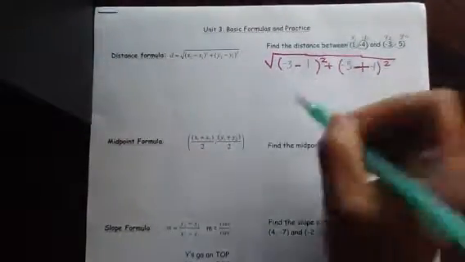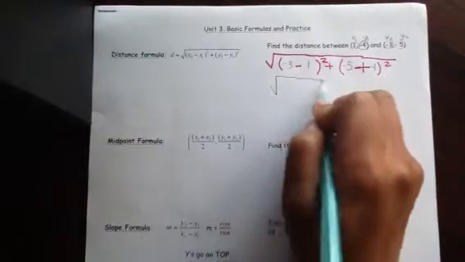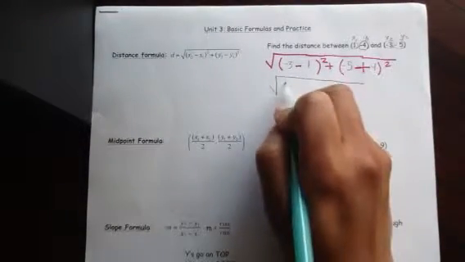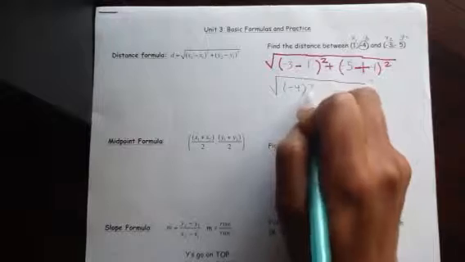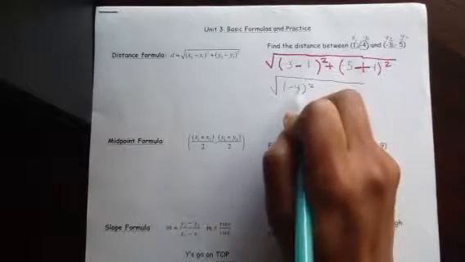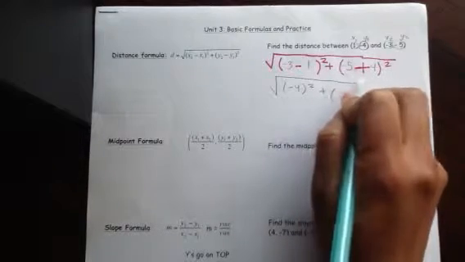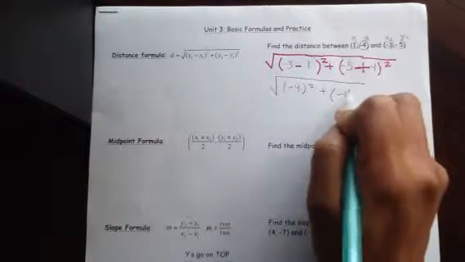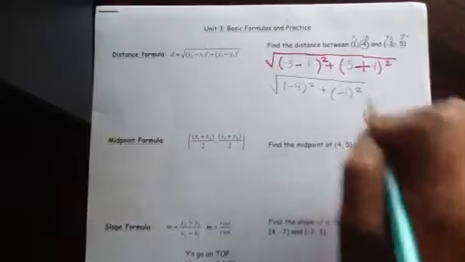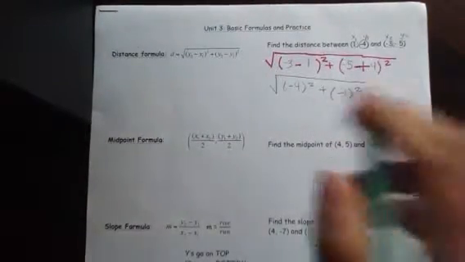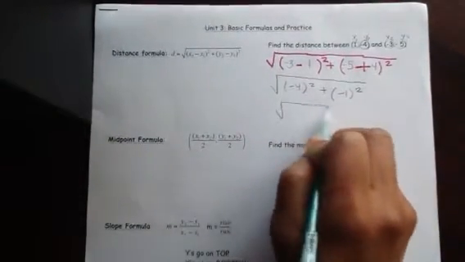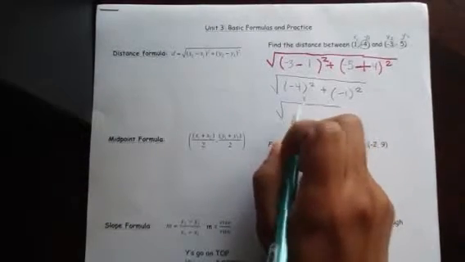Now I can go ahead and simplify what's in my parentheses. Please keep the parentheses the whole time. -3 minus 1 is -4, plus, bring that plus down, -5 plus 4 is -1, squared. Keep the parentheses, please. Now that I'm going to square it, -4 squared is going to be positive.